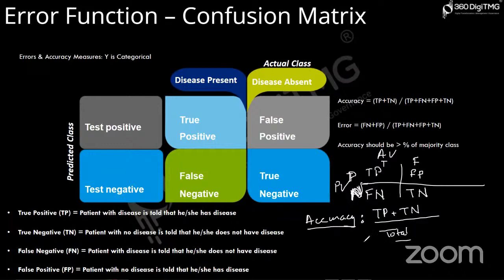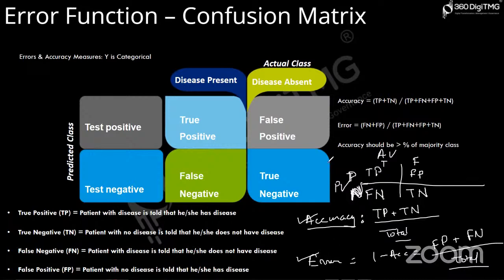This will be the accuracy. If you want to find the error in this case, error is nothing but 1 minus accuracy, which is false positive plus false negative divided by total. So these are the basic evaluation metrics which can be used.